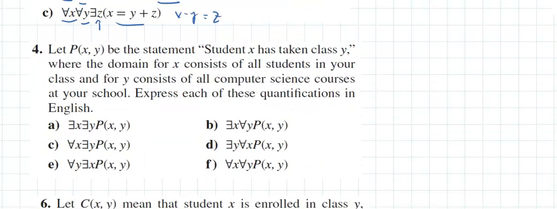Number 4, same page. Let P of x, y be the statement student x has taken class y. So that's what P stands for. The domain x consists of all students in your class and y consists of all computer science courses at your school.